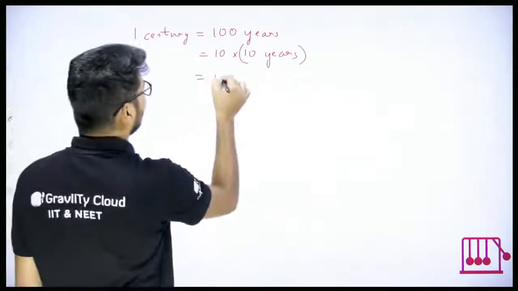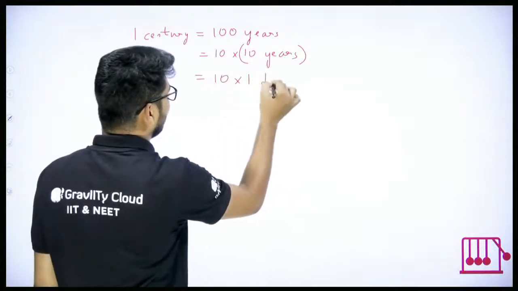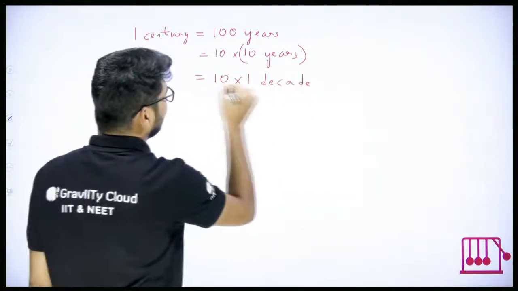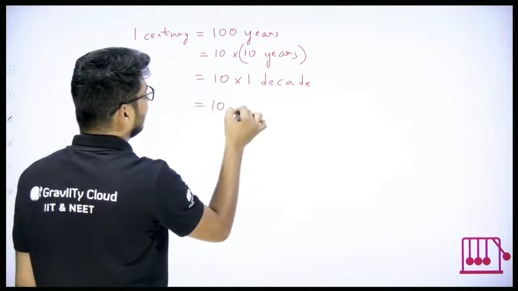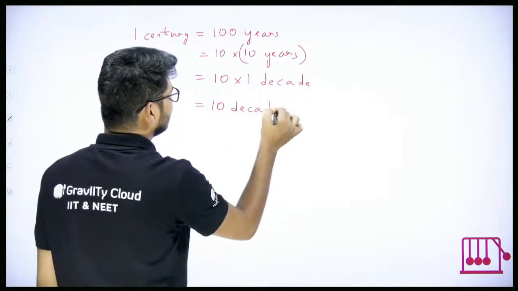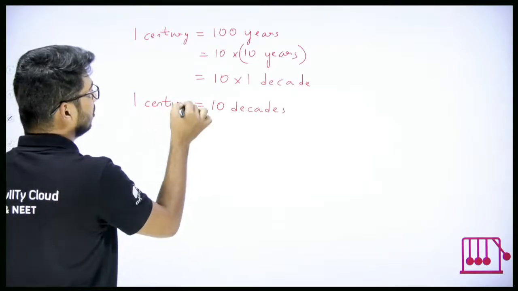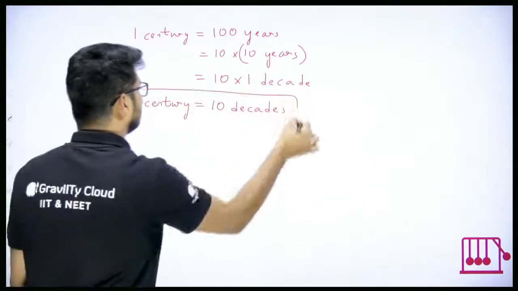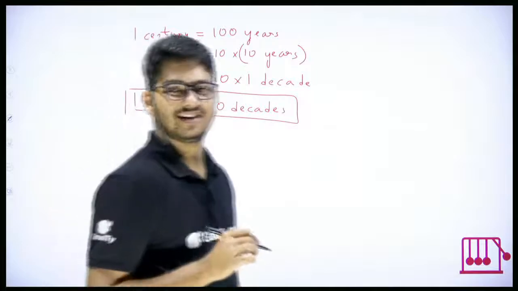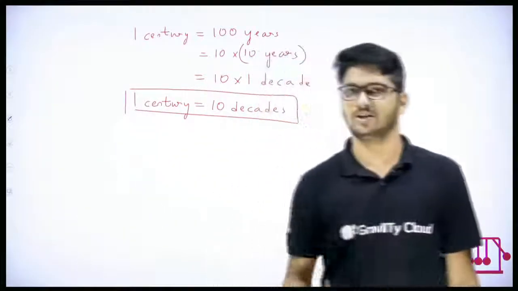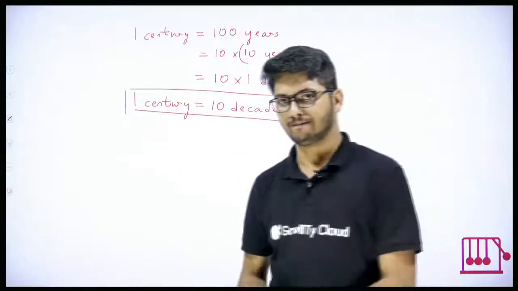So in place of 10 years, if I write 1 decade, then you have 10 into 1. So 1 century is equal to 10 decades. Clear? Extra information which will help you.